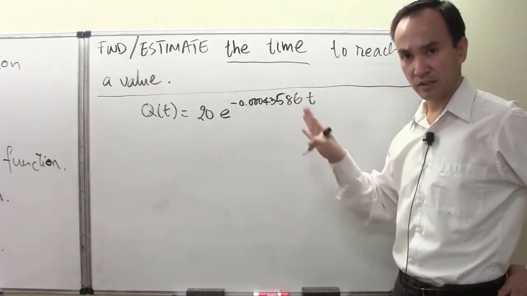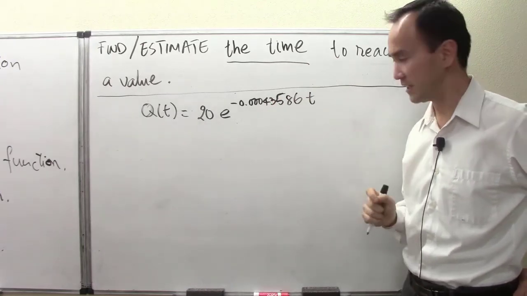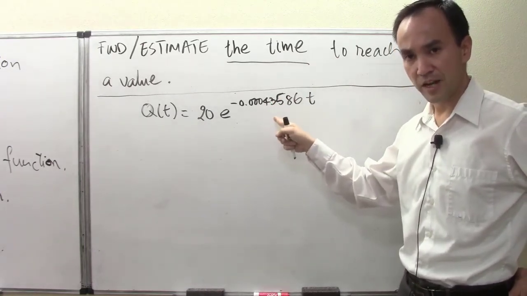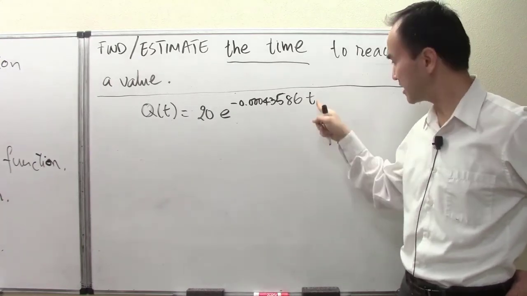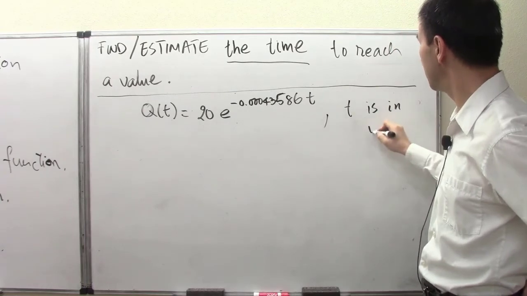That is our exponential function that models the amount of radium-226 that remains in some t years. So yes, t is in years.